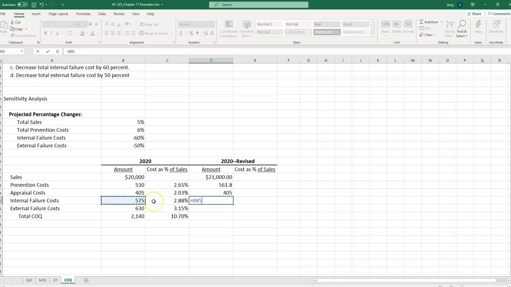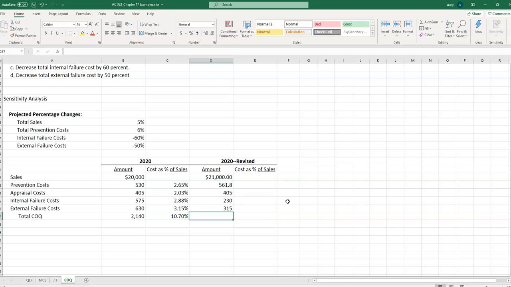So internal times 1 minus 0.6, and a 50% reduction in our external failure costs.